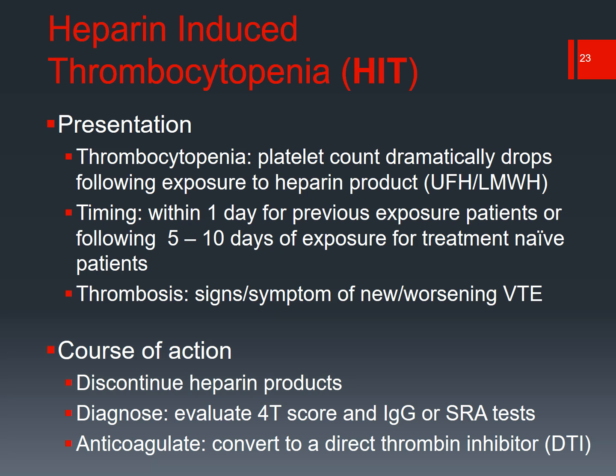Those three T's are present in HIT. They have thrombocytopenia. It is the right timing related to the administration of the drug and the patient's history of exposure to heparin products, as well as new or worsening clots or thromboses.